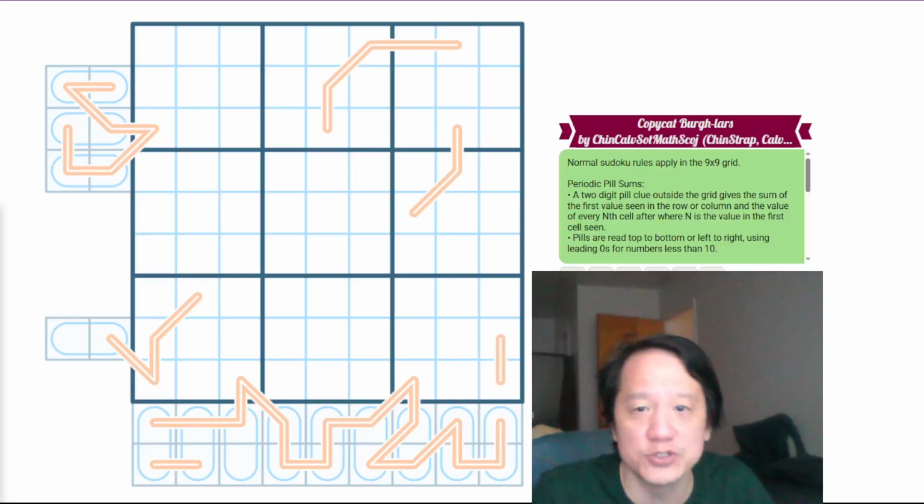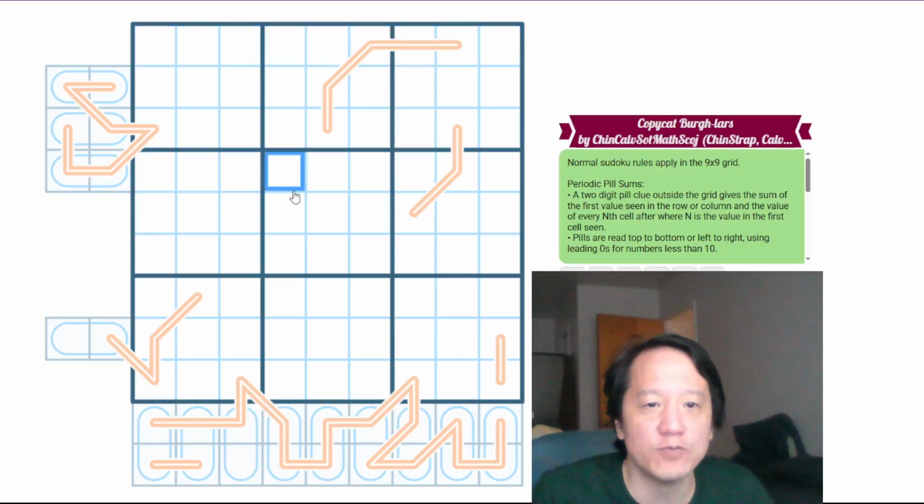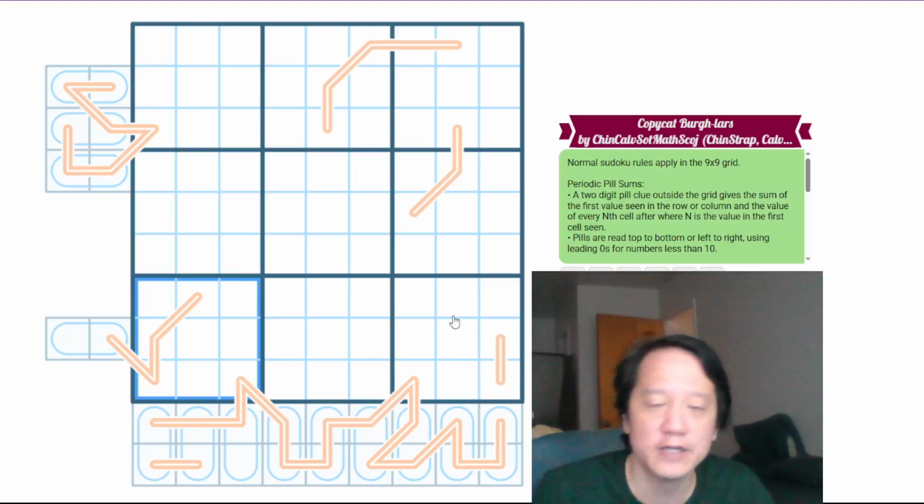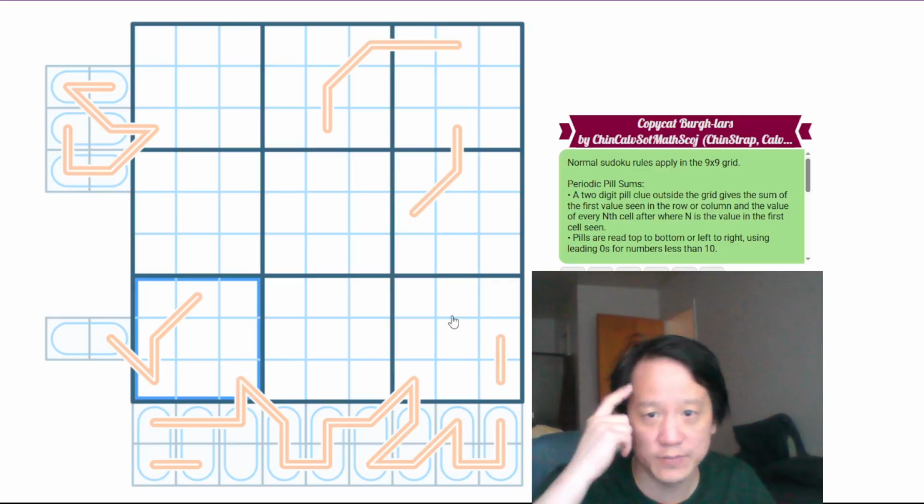Normal Sudoku rules apply in the 9x9 grid: in every cell we need to place a digit such that every row, column, and designated 9-cell region contains the digits 1 through 9 exactly once each.